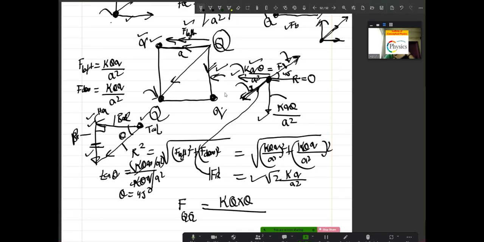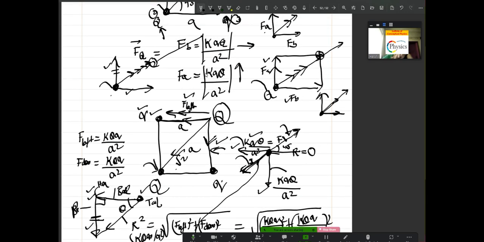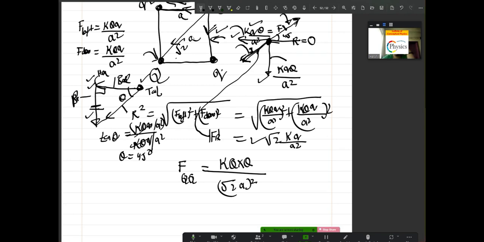What is the length of a diagonal? Root of A square plus A square, so root 2 A. So I'm writing this as root 2 A whole square. This is a repulsion force. So the charge at Q, this charge is facing this repulsion which we just calculated. So this is repulsive if you notice.